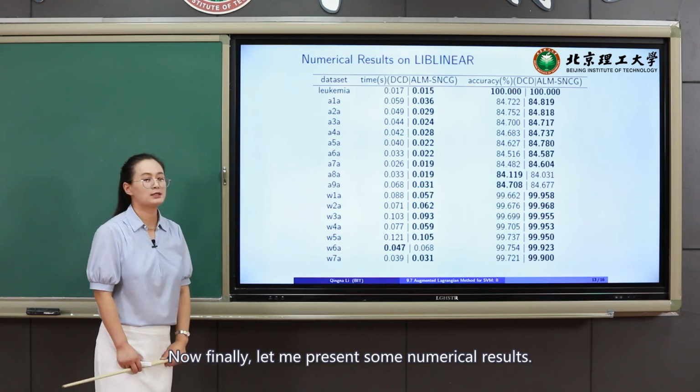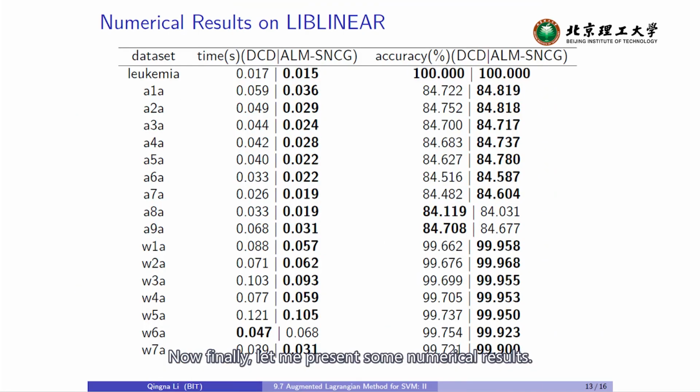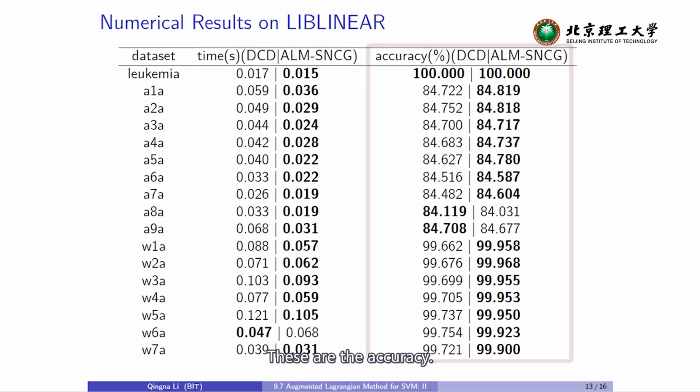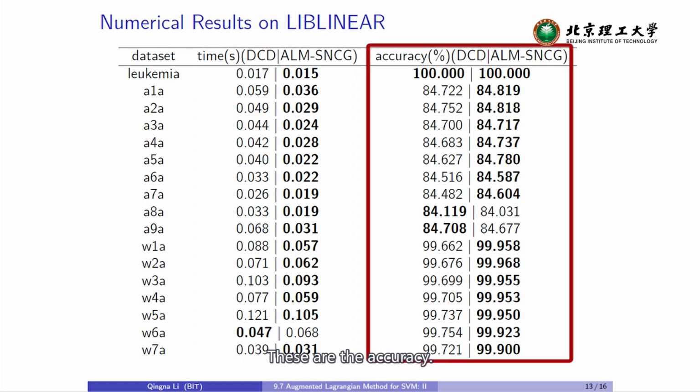Now, finally, let me present some numerical results. Here, we compare our method with the state-of-the-art solver LibLinear, and we compare with the DCD method, the dual coordinate descent method. So these are the CPU times, and these are the accuracies, all right?